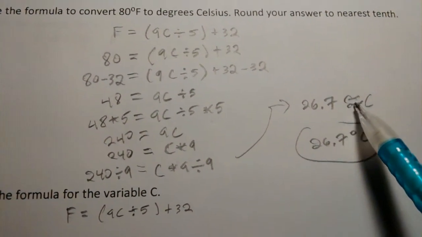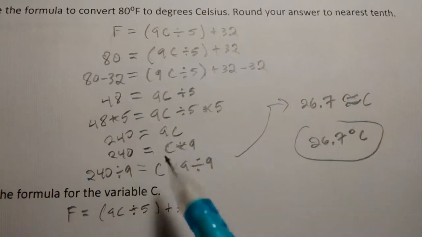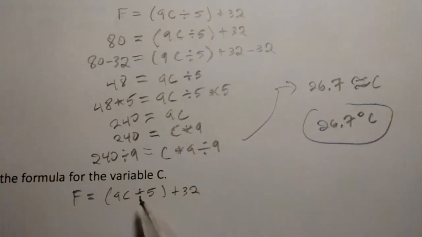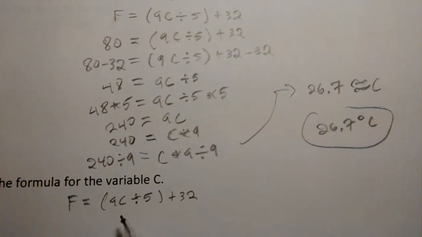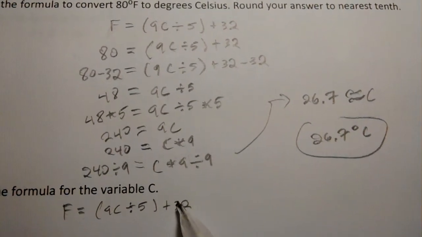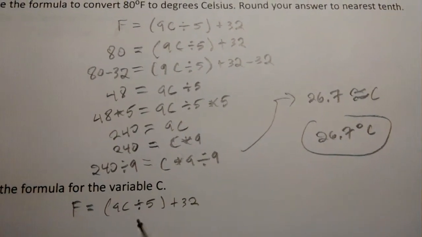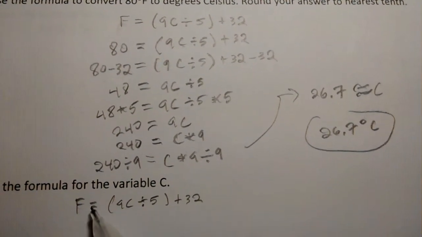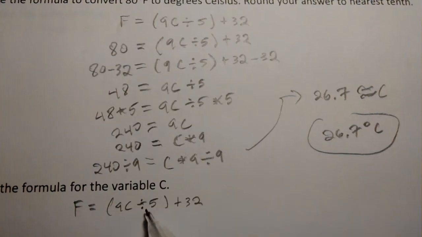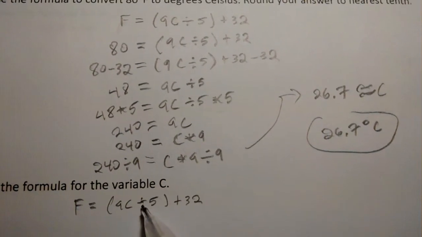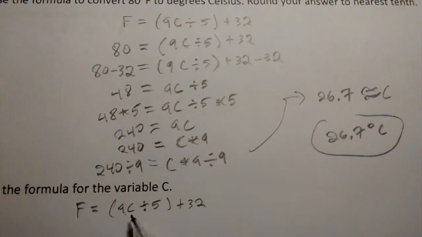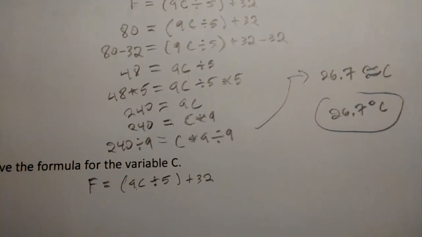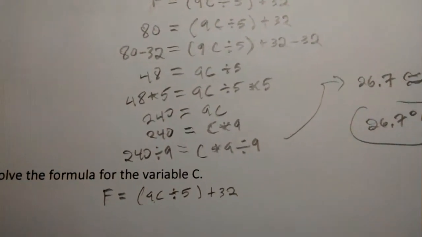We're going to undo the addition, undo the division, and then undo the multiplication, and we're going to get c by itself. So the left side is going to look pretty hairy, actually.